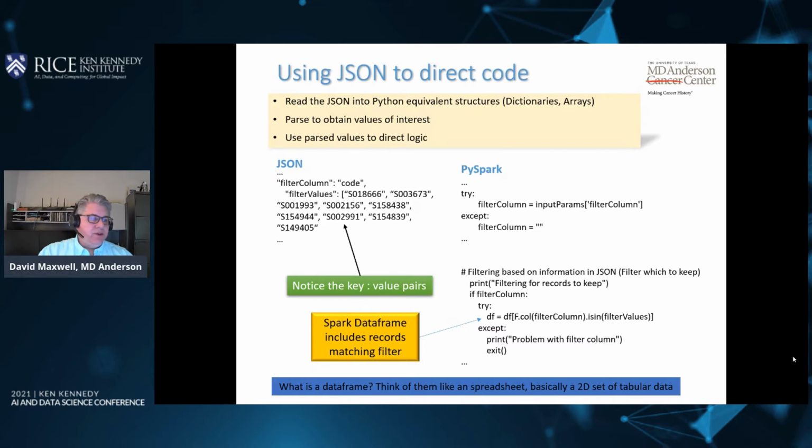On the right, I show the code reading in the input JSON, and that's directing a data frame to filter, down here on the bottom, a column, and check if it's in that set of values. This is code in Spark. It's a data frame, which is similar to Pandas or R data frames. You can think of data frames like a spreadsheet, basically a 2D set of tabular data.